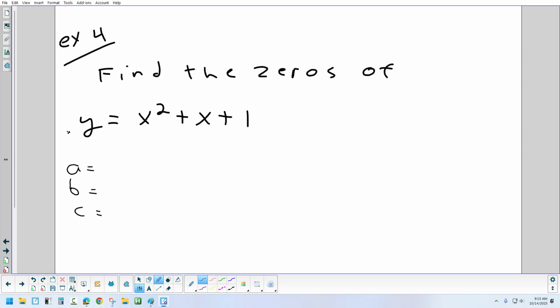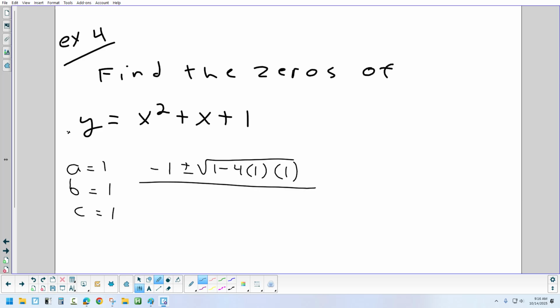When we fill it in, what's a going to be? 1. Yep. And b? 1. And c? 1. So all ones. So we get negative b plus or minus the square root of b squared minus 4 times a times c, all divided by 2a.